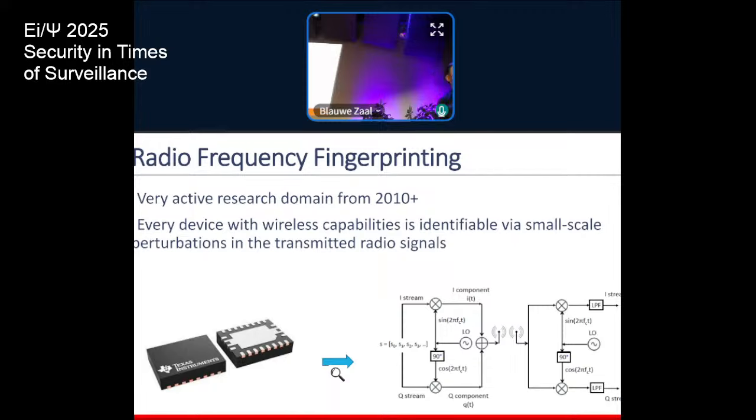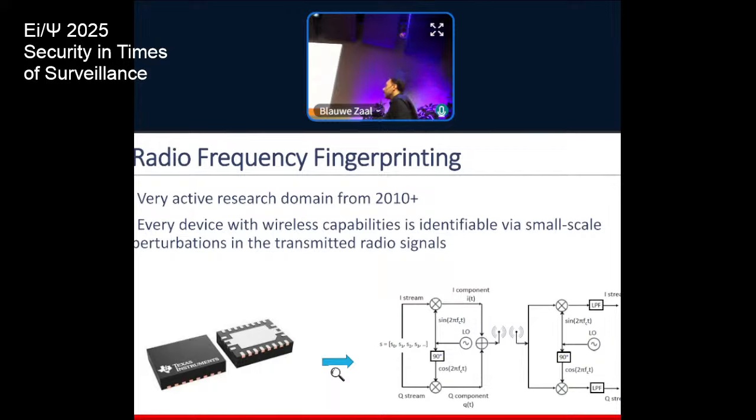And then finally, 2015, with the introduction, more in the general public, of deep learning solutions that make it possible to identify devices based on their features in a range of different scenarios.